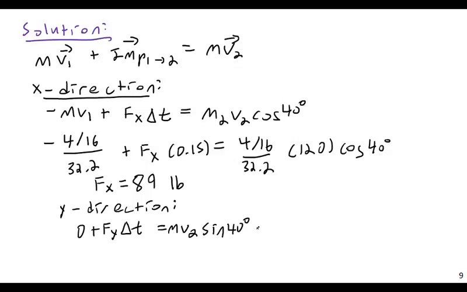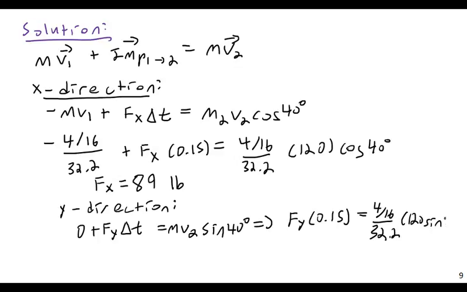This leads to simply Fy times 0.15, the time of collision, equals 4/16 over 32.2 times 120 times the sine of 40 degrees. That was a typo there, it should be the sine. Therefore Fy will be equal to 39.9 pounds.